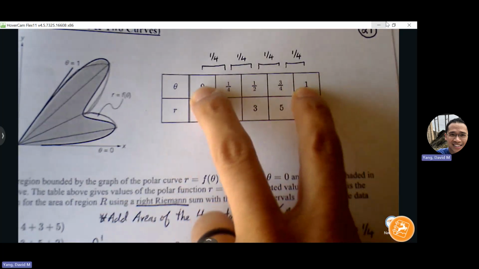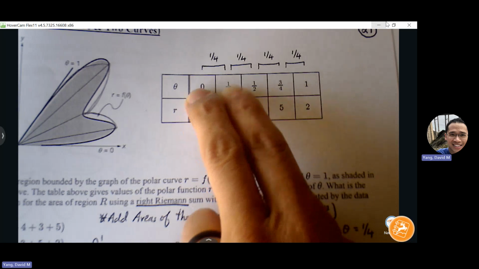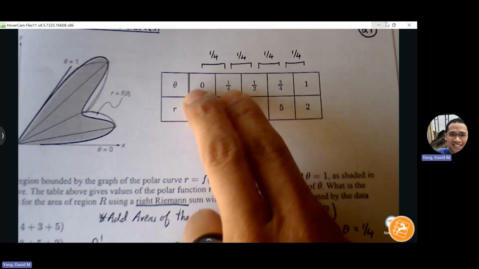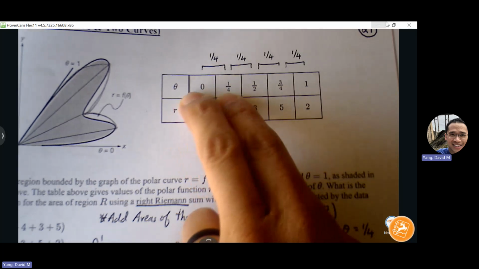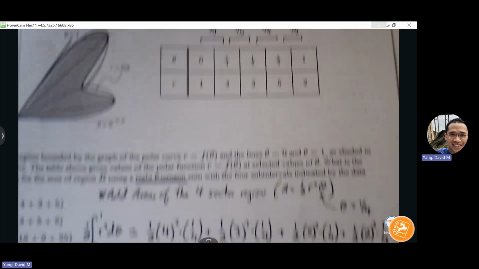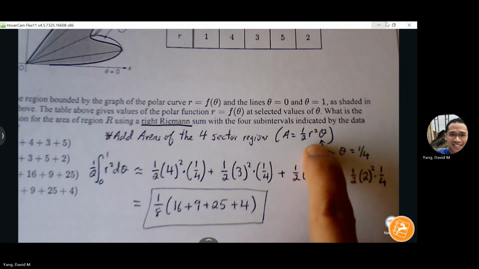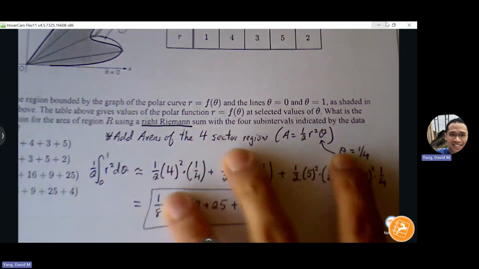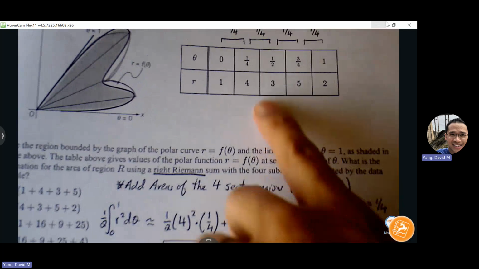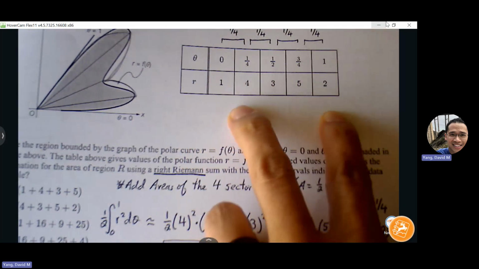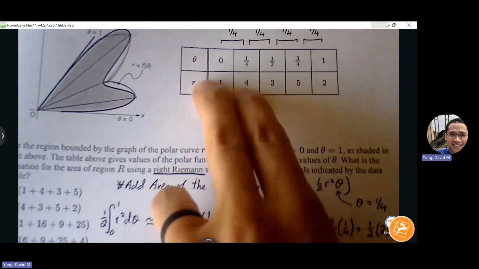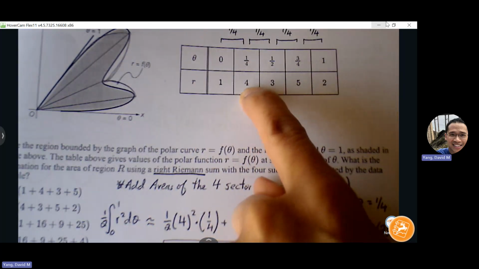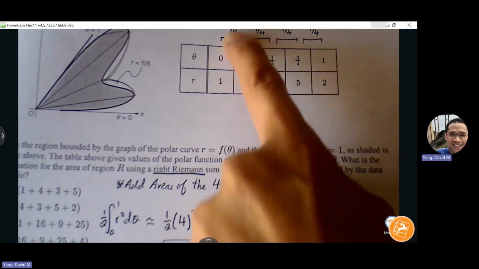So instead of subtracting your x values to get the change in width, now I'm subtracting the theta values to get the change in theta. And then my r squared is part of the formula. My r is going to come from my second row. And I want a right Riemann sum. So for each subinterval, I'm going to choose the r squared for the right interval.